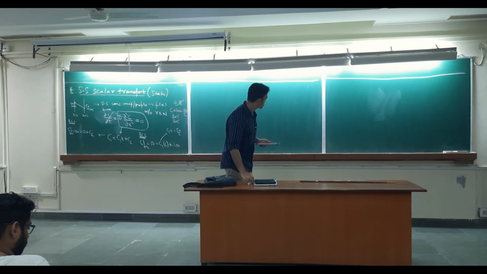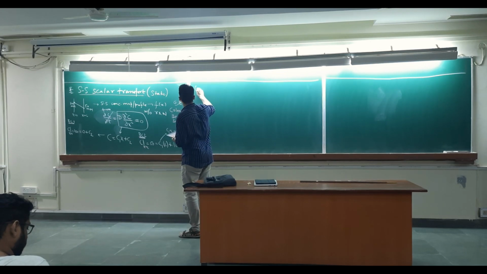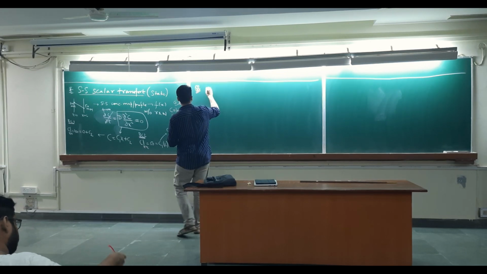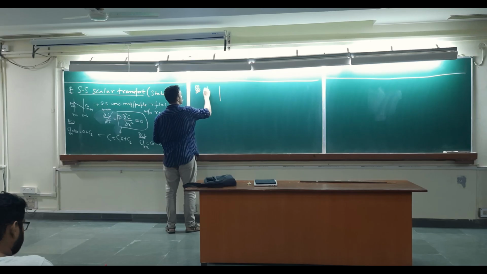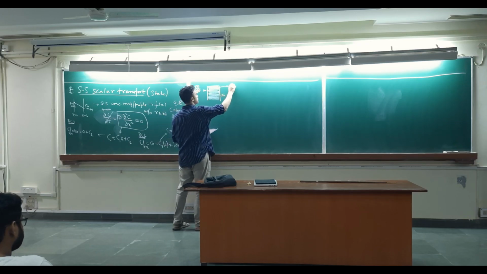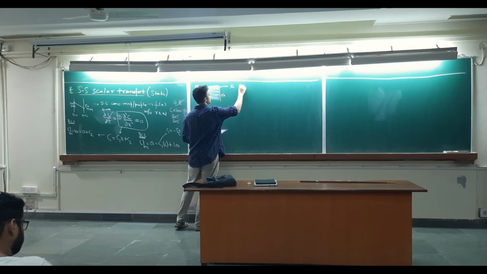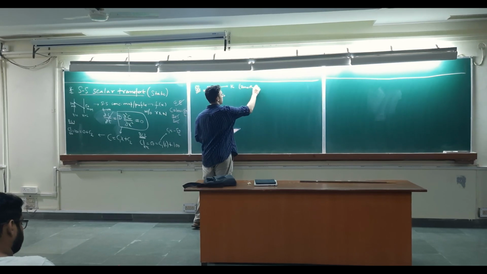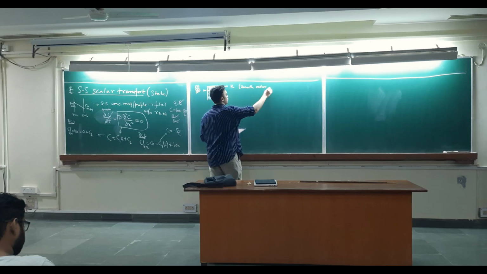I mean, this is also not so serious, but whatever. Question 2. What if in the same example, I added volumetric reaction? Let's say there is some zeroth order reaction.